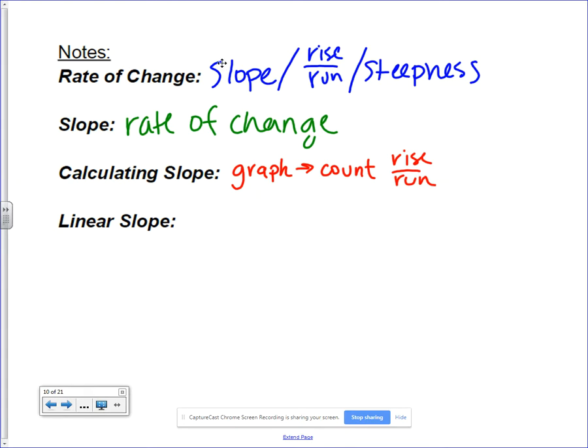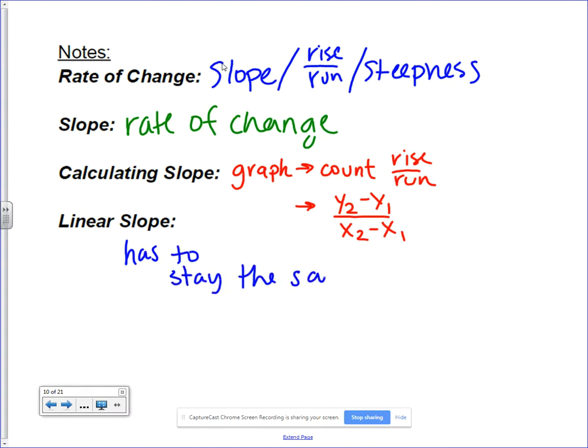If you don't have a graph, we have a formula. y2 minus y1 over x2 minus x1. That's if we don't have a graph, we're going to use that. And then we found out yesterday that linear slope has to stay the same. If it's a line, the slope has to stay the same, otherwise it's going to be jagged.